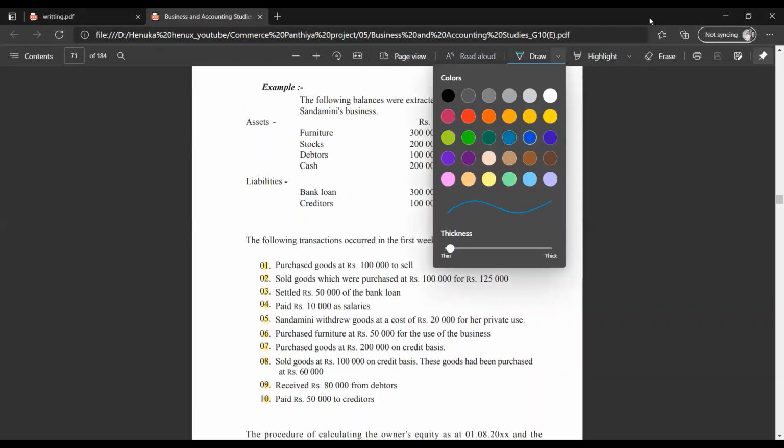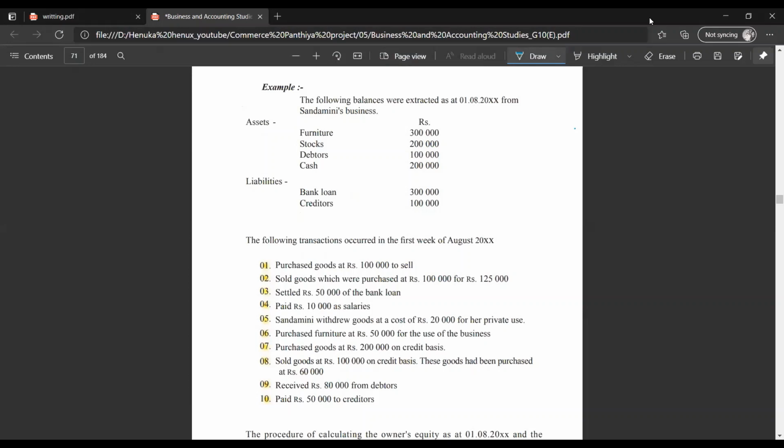So balances given means this is not a newly started business, you should understand that, right? If there are no opening balances, that means it's a newly started business, like in the previous example. But here they have given the opening balances. So these are the opening balances.